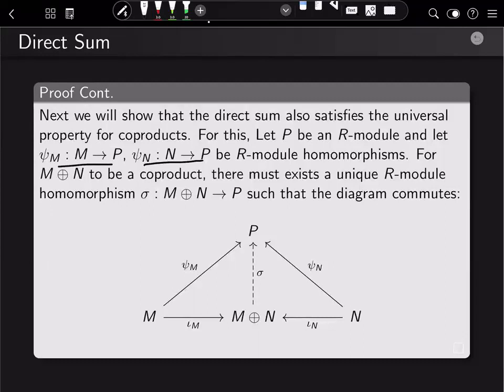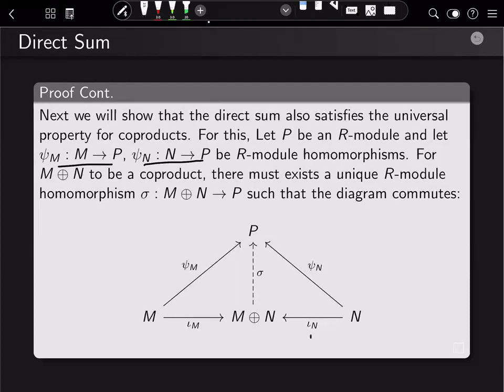As we said, we're reversing all the arrows, and for M direct sum N to be a coproduct, we must have a unique R module homomorphism sigma that maps M direct sum N into P such that the diagram commutes. So again, we can look at the commutativity conditions.